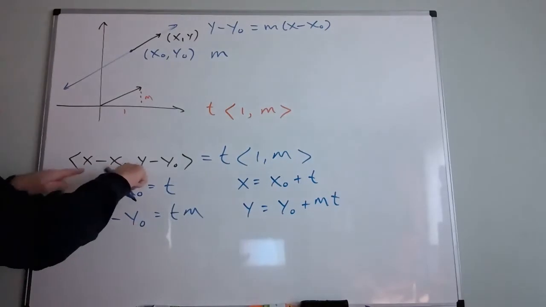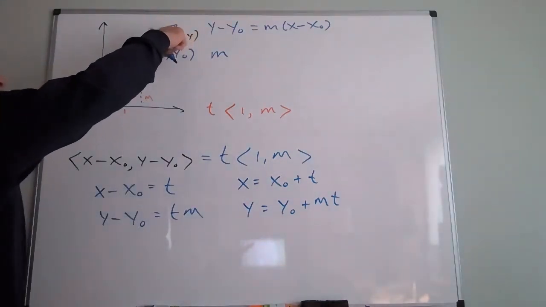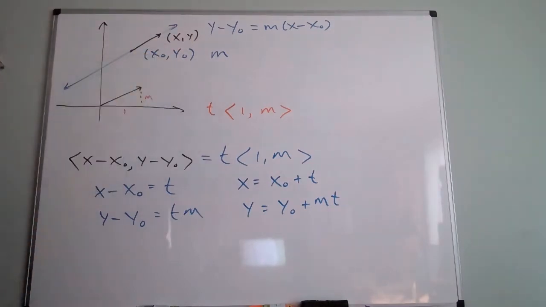Remember, these x and y's are variables. That x and y is a variable, represents every point on the line. X naught, y naught are specific values, like 3 comma 5 or something like that.